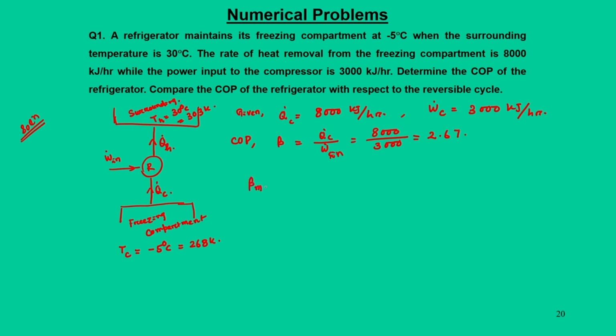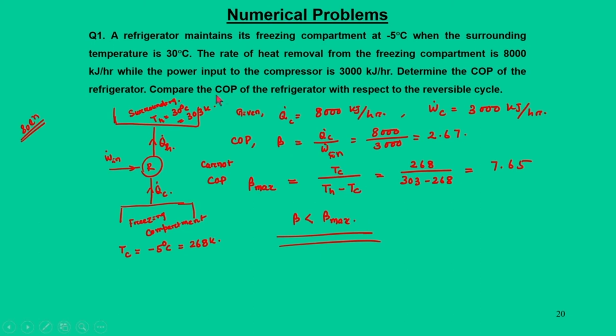So, we call this beta max, and this is nothing but your Carnot COP, and this can be written as Tc by Th minus Tc, and by putting the numbers, 268 divided by 303 minus 268, this number is 7.65, and obviously beta is less than beta max, and we say that is actual. It means the refrigerator is not performing up to the Carnot cycle limit.